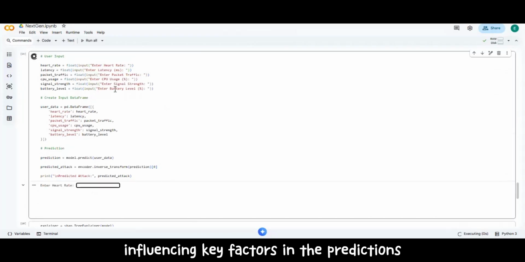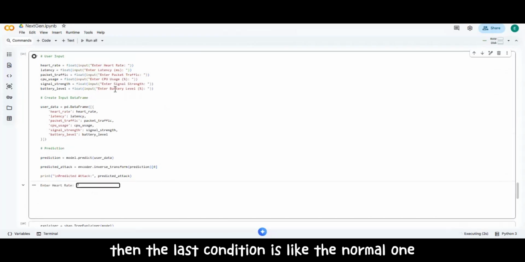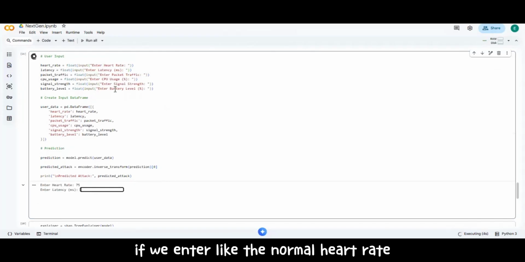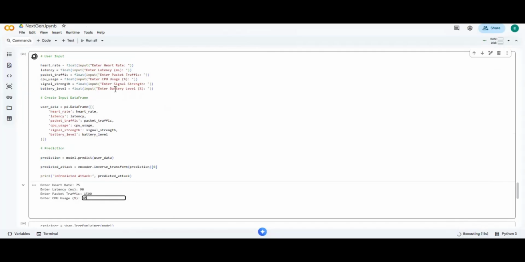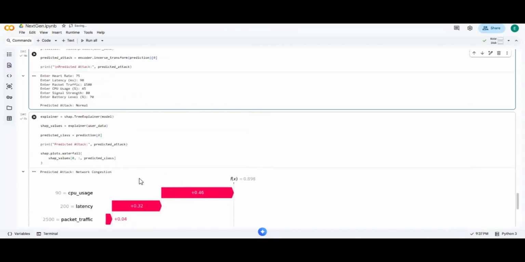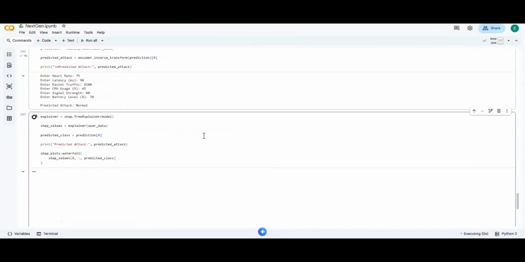Then the last condition is the normal one. If we enter a normal heart rate, normal latency, normal packet traffic, CPU usage, signal strength, and battery level, then the system will predict normal. And we can run the SHAP model itself.